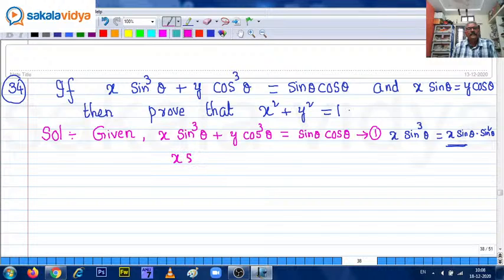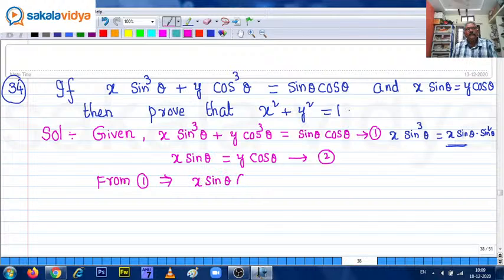And x sine theta equals y cos theta, say equation 2. Now from 1, this we can write x sine theta multiplied by sine square theta, plus y cos cube theta equal to sine theta cos theta.